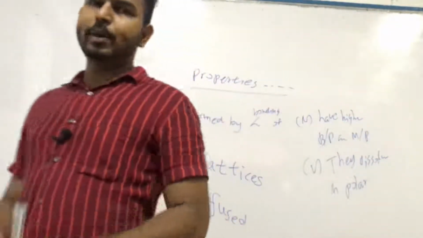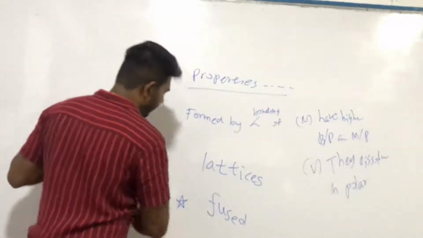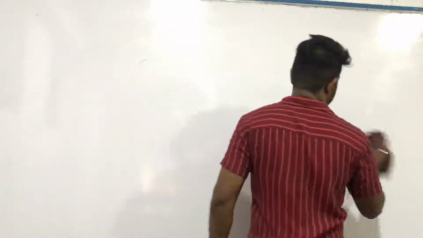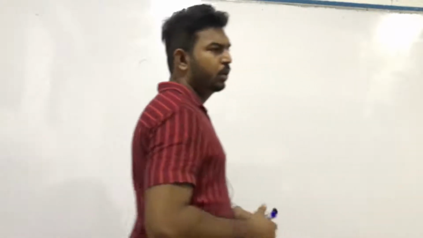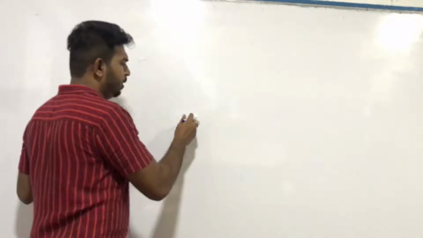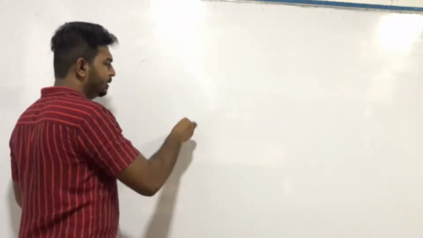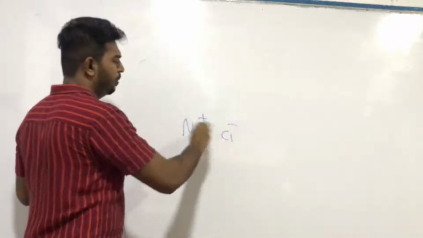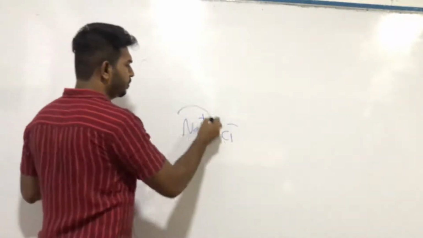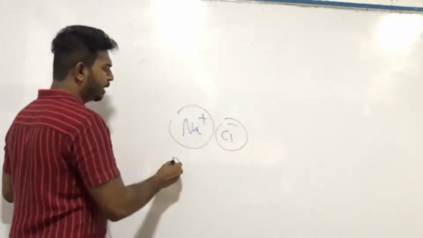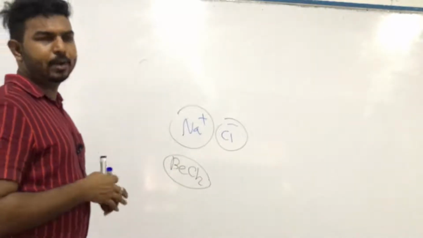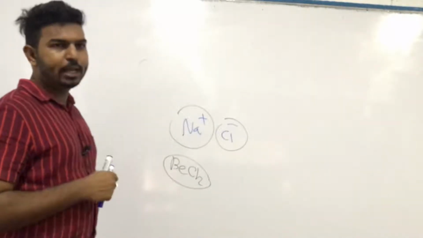Okay, these are the properties of ionic compounds. Most of the time, ionic compounds are formed by bonding of metals and non-metals. There is one compound which does not form an ionic compound: beryllium chloride is not ionic, it is covalent.